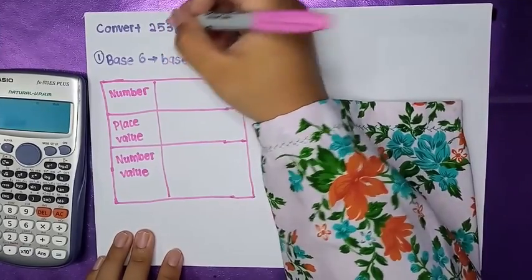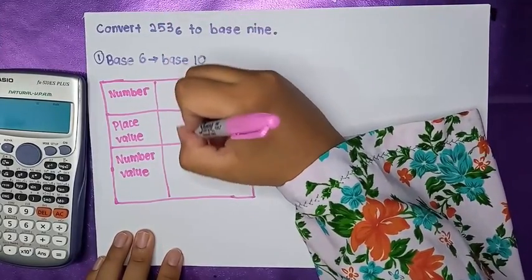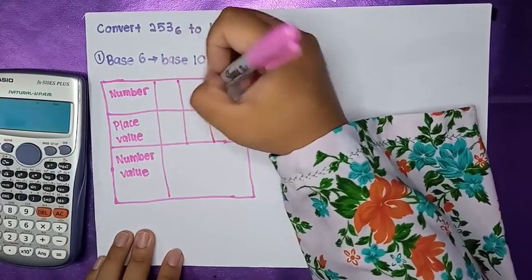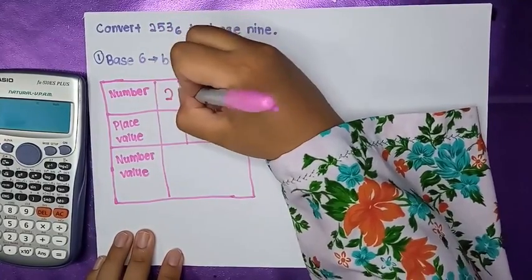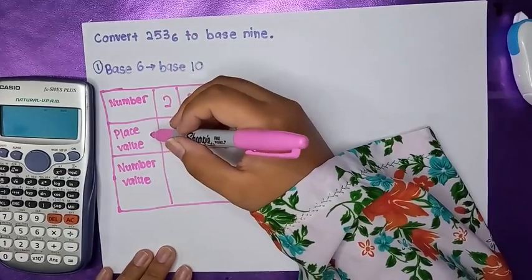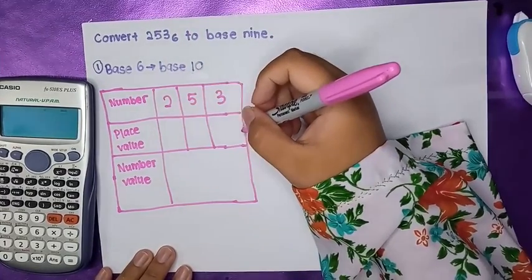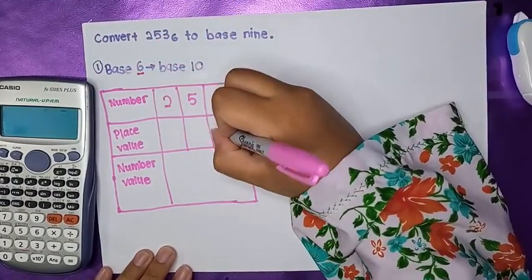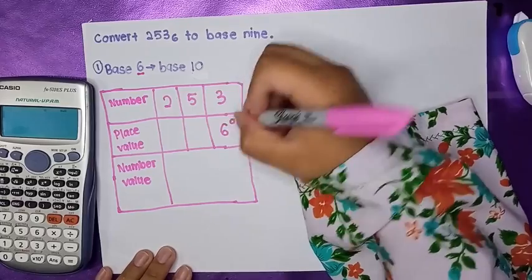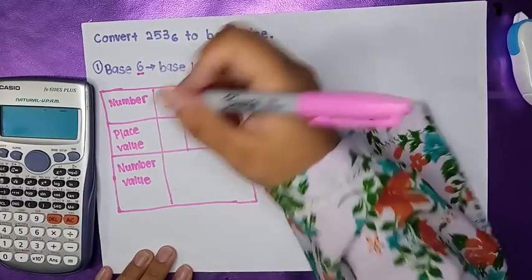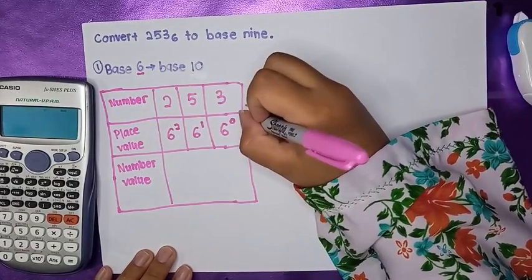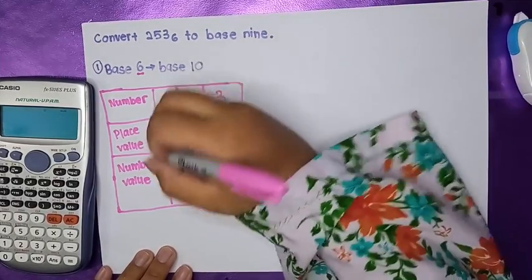Because there are 3 digits in this number, we're going to divide this into 3. And then we arrange this number in here: 2, 5, 3. For the place value, we must look at the most right because this is base 6. So this is 6 power of 0, must start from 0, and then 6 power of 1 and then 6 power of 2. And then we multiply number and the place value.